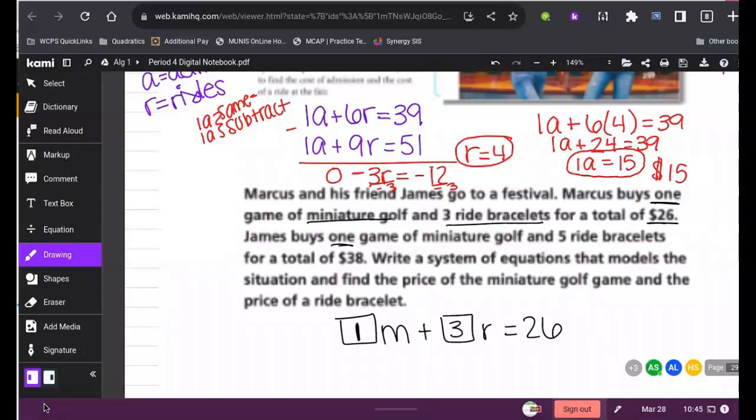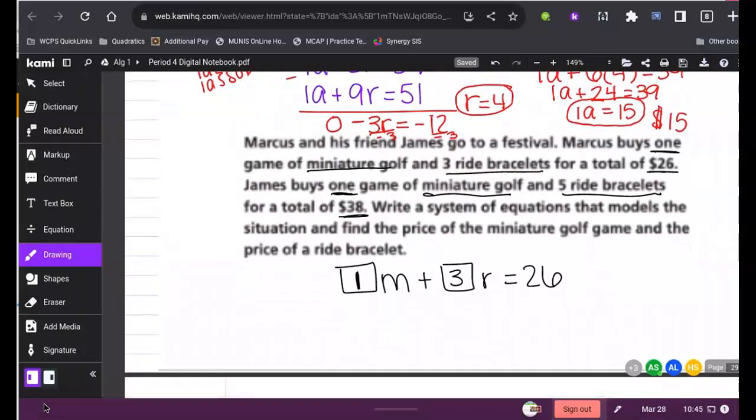James buys 1 game of mini golf and 5 ride bracelets and pays $38. So the second one would be 1M plus 5R equals 38. We want to write a system that models the situation and find the price of the mini golf game and the price of the rides.